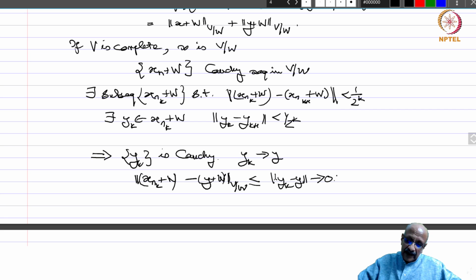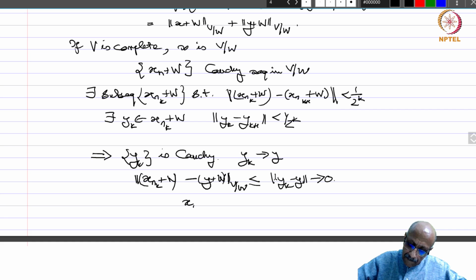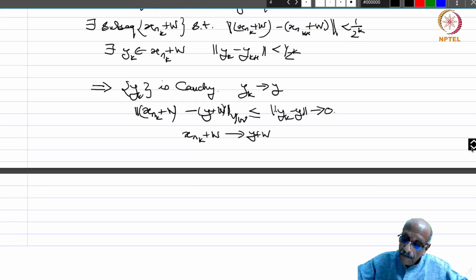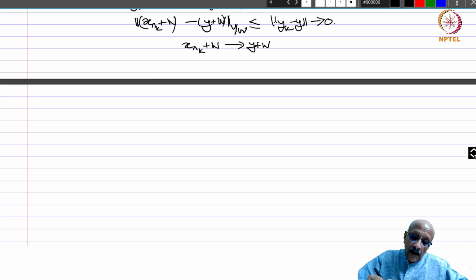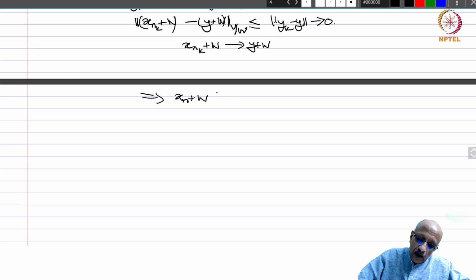And therefore x_{n_k} plus w converges to y plus w. Therefore we have produced a subsequence which is convergent. Again you have a Cauchy sequence property: if a subsequence converges in a Cauchy sequence, then the original sequence also converges to the same limit. Therefore this implies that x_n plus w also converges to y plus w.